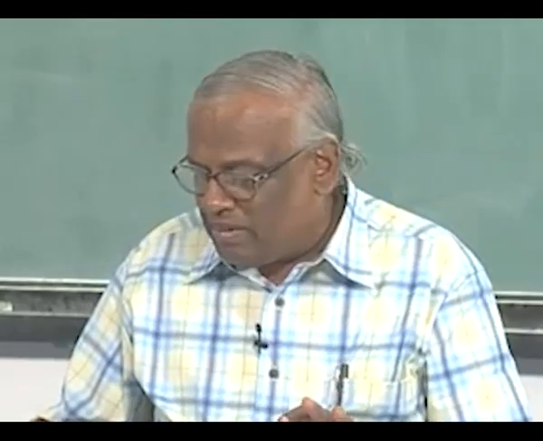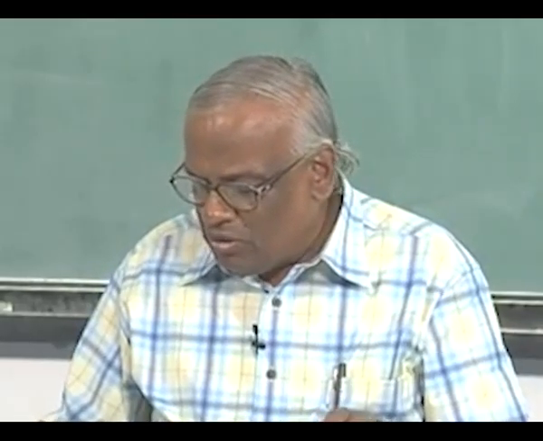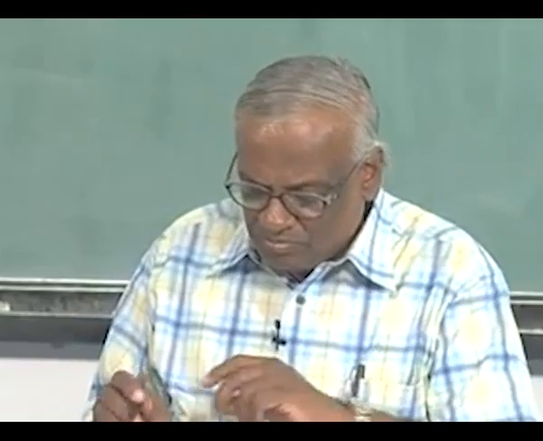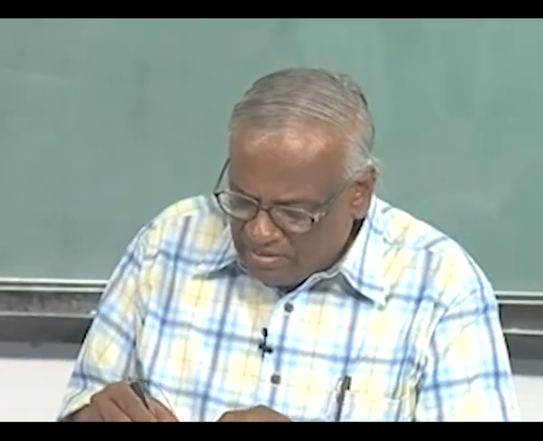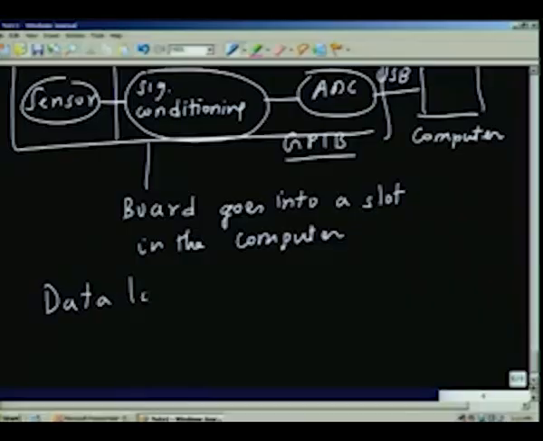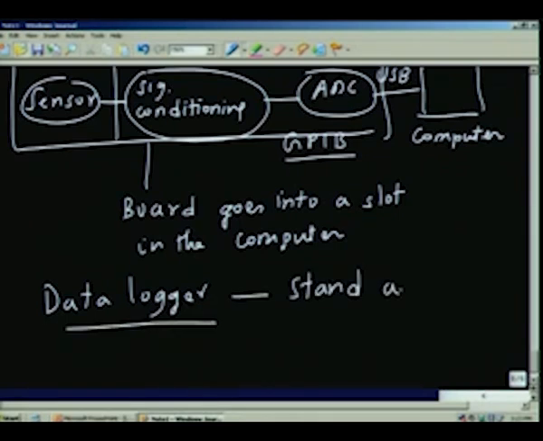They are also available in the following form, which we call data loggers. For example, Hewlett Packard supplies a large number of data loggers of different types. So, these data loggers are standalone or connected to a computer. Both ways you can do.